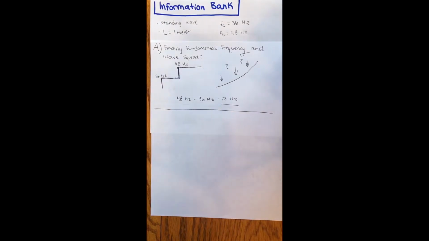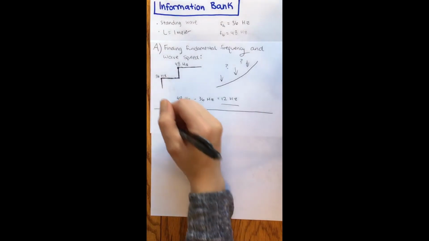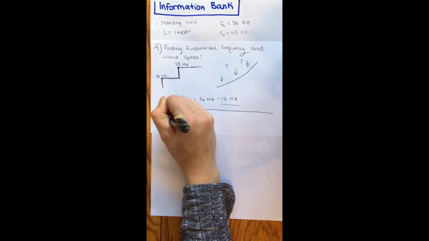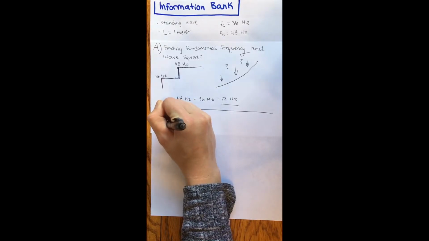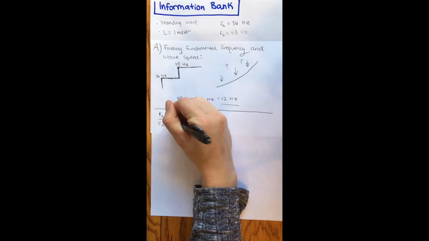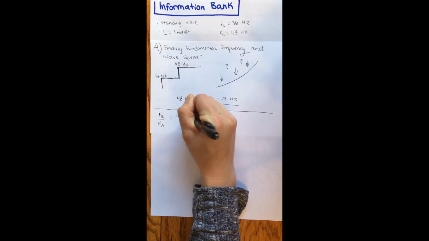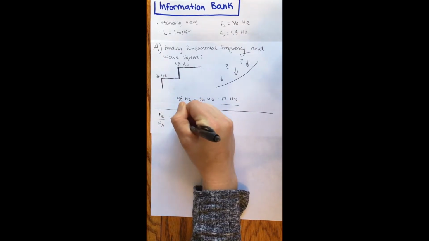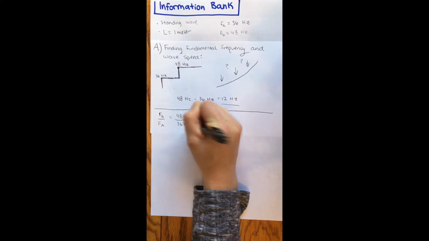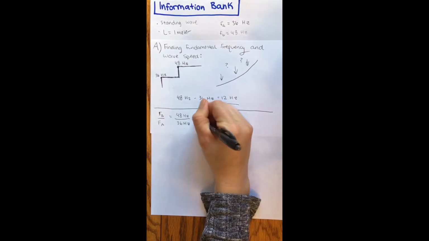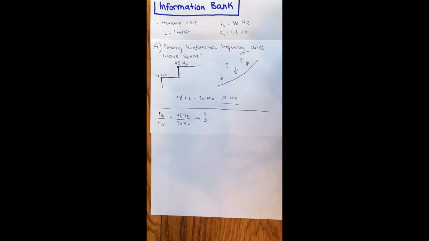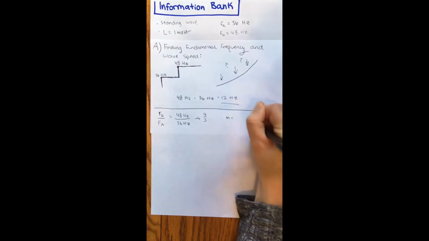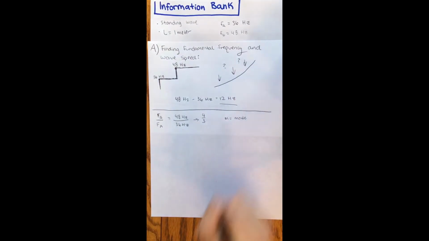We can try to find the ratio for this problem by saying f of b over f of a, remembering that this is 48 Hz and 36 Hz respectively, which simplifies down to 4 over 3. This is the ratio that can be used to find the mode, which we'll call m, in this problem.